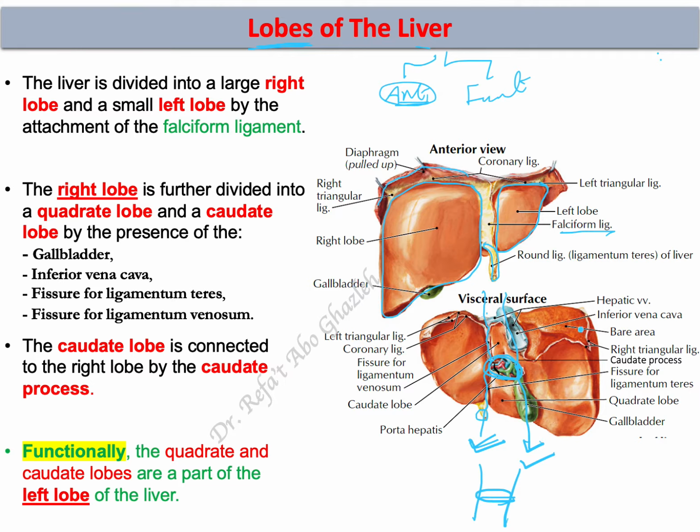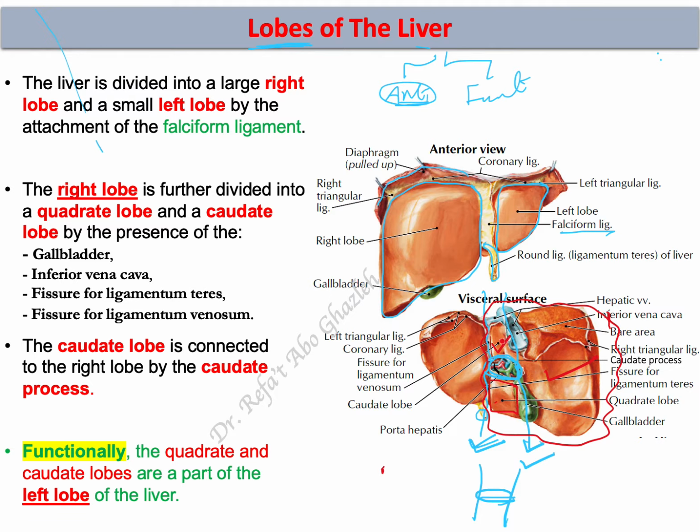So by this division, the right lobe is subdivided into, of course, the right lobe and the caudate lobe posteriorly and the quadrate lobe anteriorly.